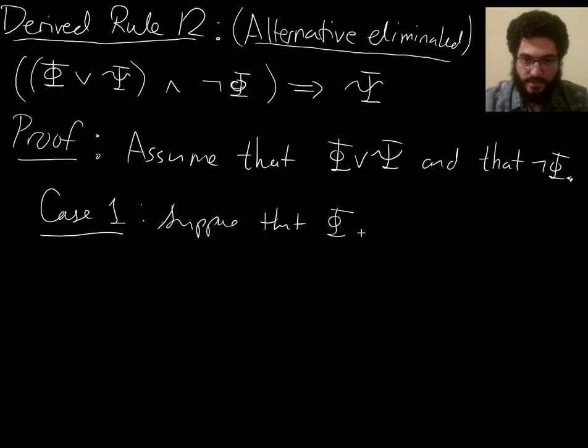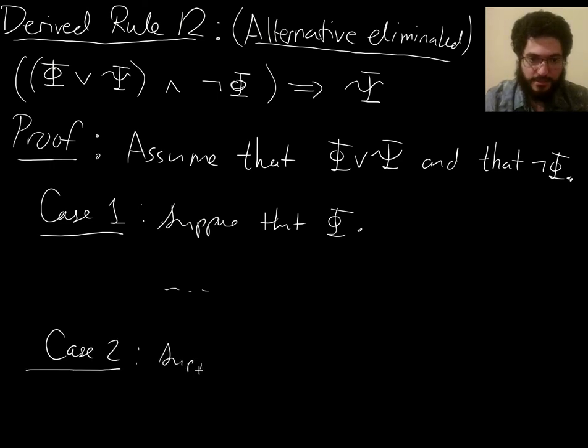In the case that phi is true, let me see if I can fill this in and complete the proof. And then in the case that psi is true, let me see if I can fill this in and complete the proof. So let's see if this works.